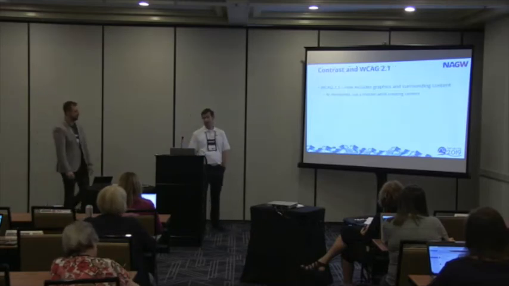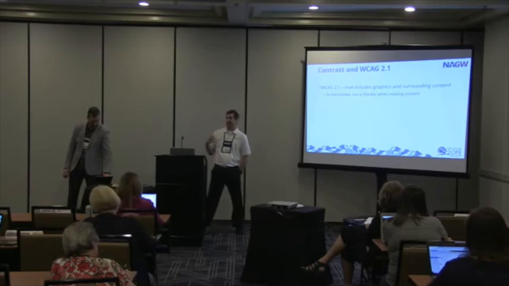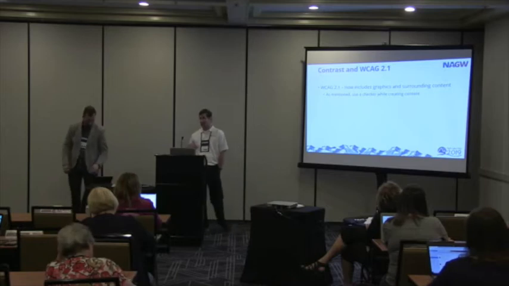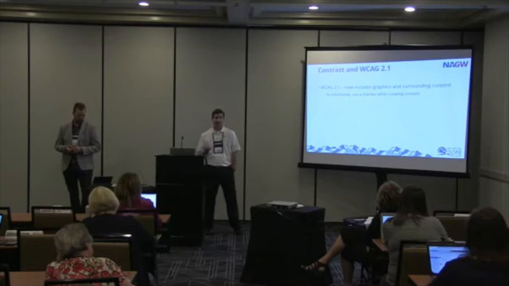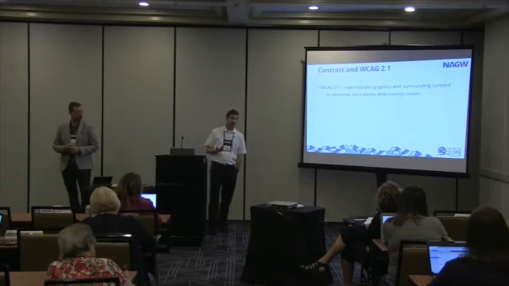So for WCAG 2.0, right, it's the 4.5 to 1 for regular size text and so on, or 3 to 1 for large. One of the additions to WCAG 2.1 was beefing up the contrast requirements, contrast checkpoints. So now in WCAG 2.1, there's a requirement for graphics as well. Right?